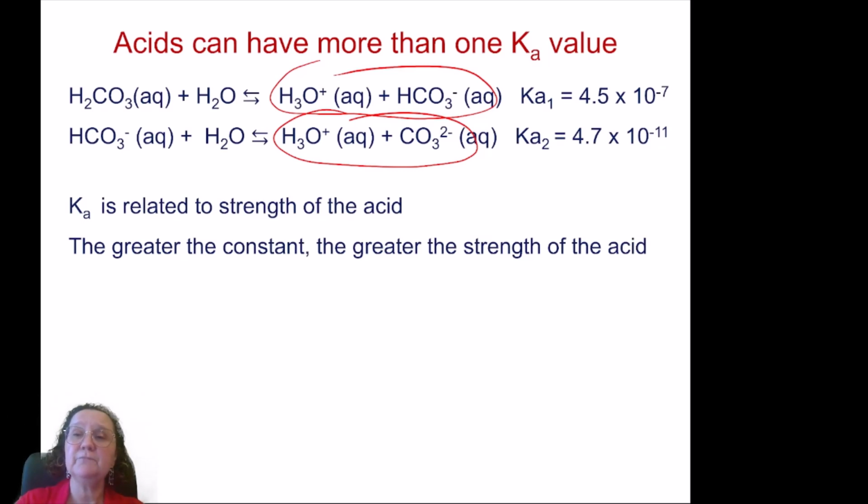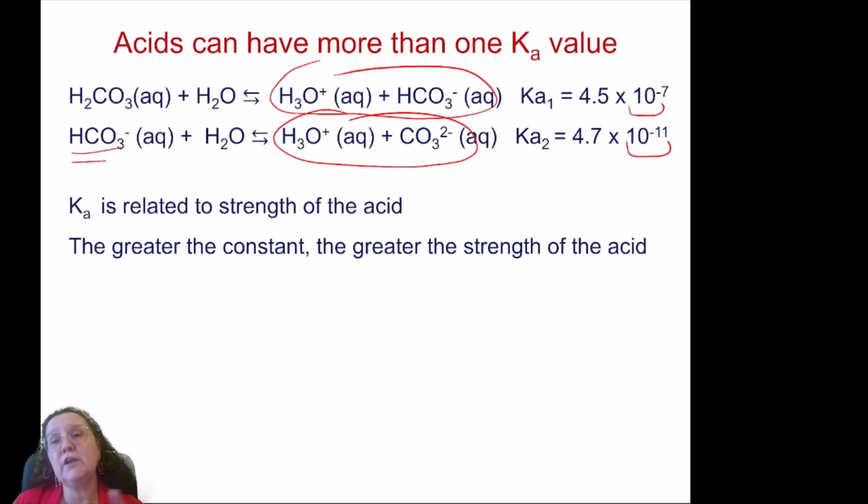So if you compare 10 to the minus 7 and 10 to the minus 11, 10 to the minus 7 is 4 orders of magnitude larger than 10 to the minus 11. So for carbonic acid, the first acidity constant, that reaction is much stronger than the second reaction, which is the reaction of the hydrogen carbonate to liberate another hydrogen ion.